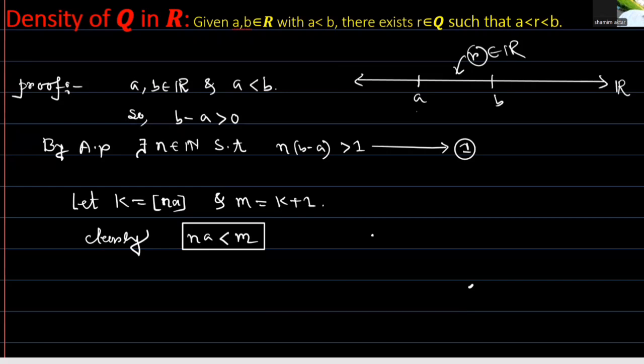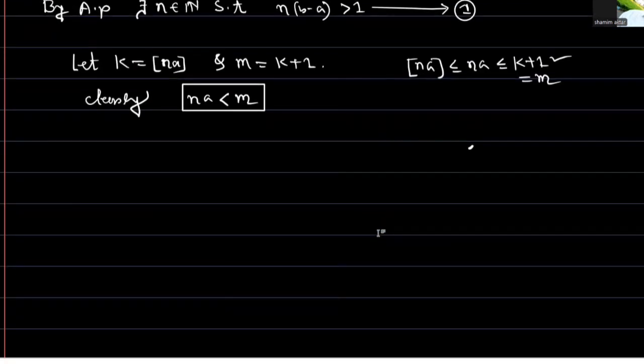How? Greatest integer of nA is less than or equal to nA, which is less than k plus 1, and this equals m. So this holds.